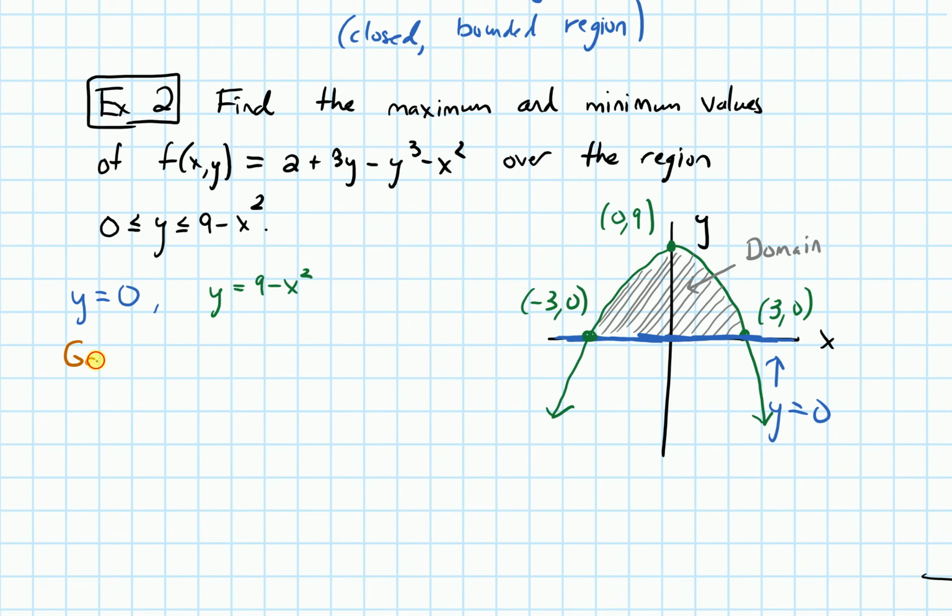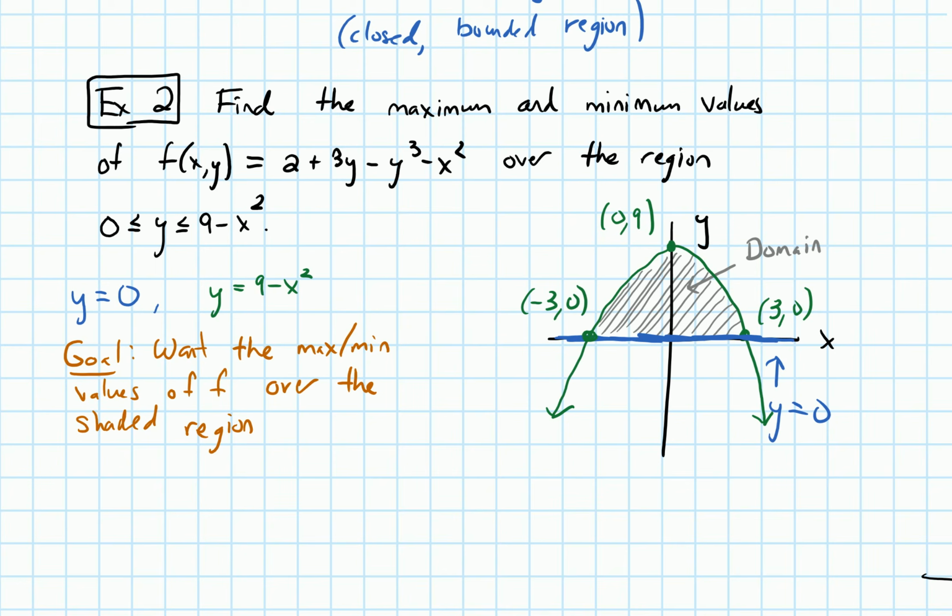All right, so our goal is that we want the max and min values of our function f over the shaded region. That's the domain. We want the max and min values of our function over that domain, the shaded region.